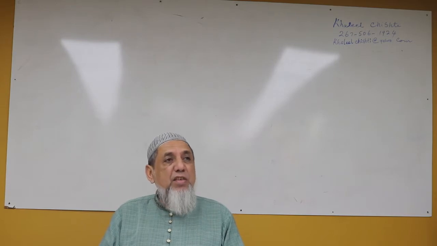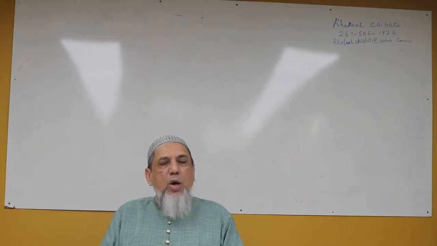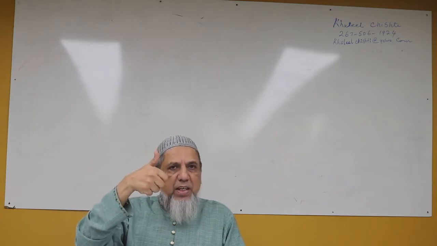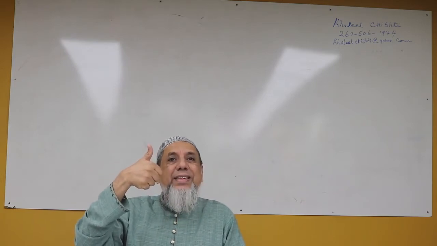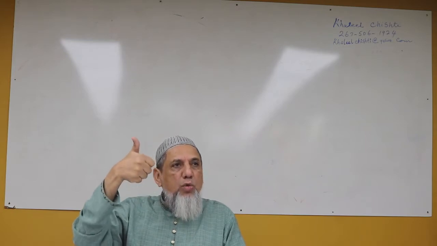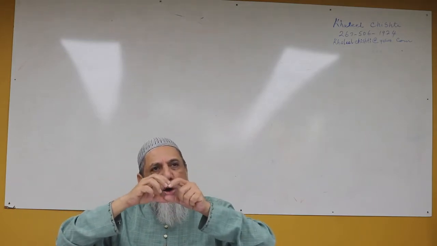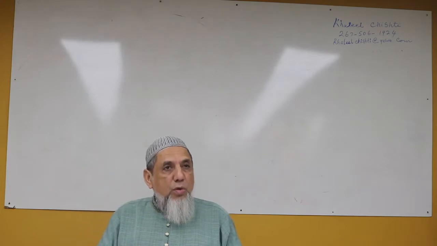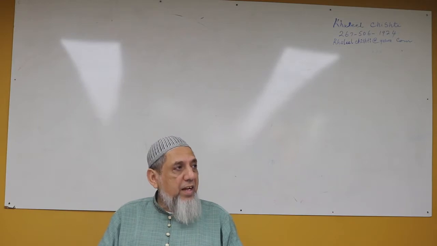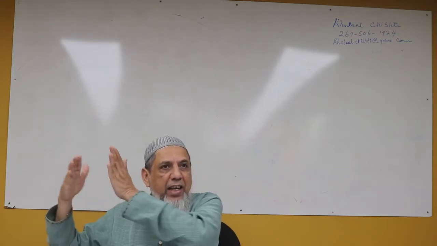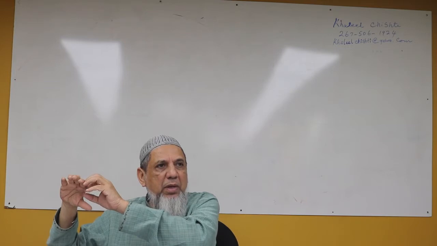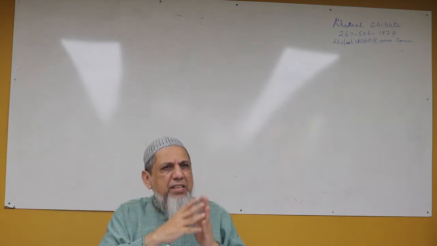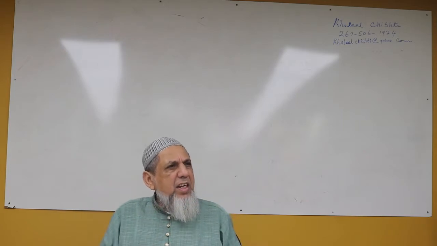Whereas these 3 vowels have 3 names. Number 1, huruf madda, because they elongate. They are also called huruf naqisa. The sahih are intact and sound and good, whereas naqisa means defective.